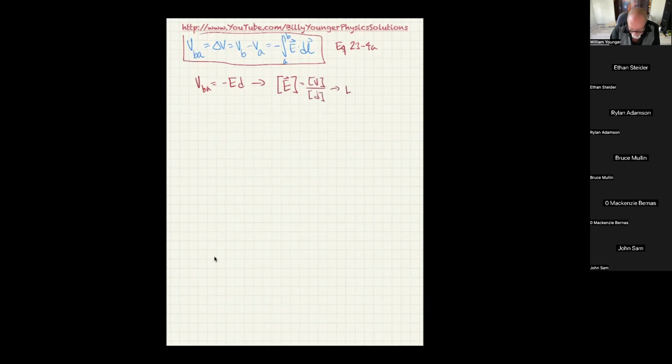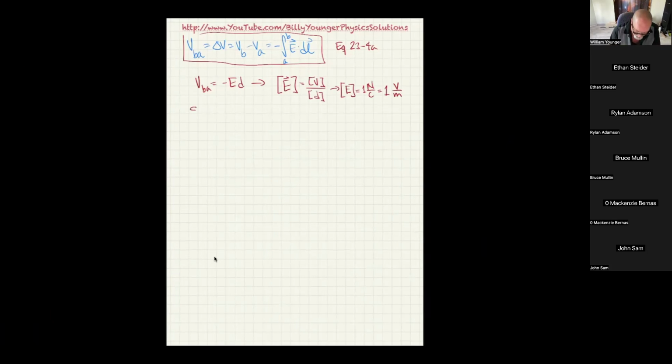Therefore the units for the electric field are not just newtons per coulomb, but a much more convenient unit of 1 volt per meter. That's a whole new unit that's super helpful.